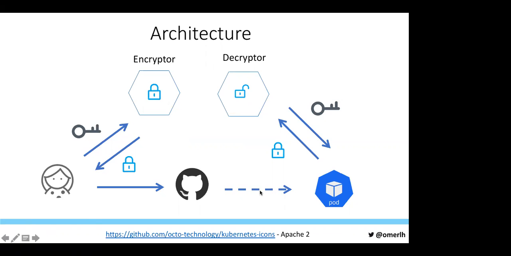Some magic happens. This encrypted secret gets to the pod. Here runs an init container. The init container decrypts the encrypted data and creates a config file. And this config file can be used by the application normally, like any other configuration file. Does anyone want to ask something before I go to the demo?